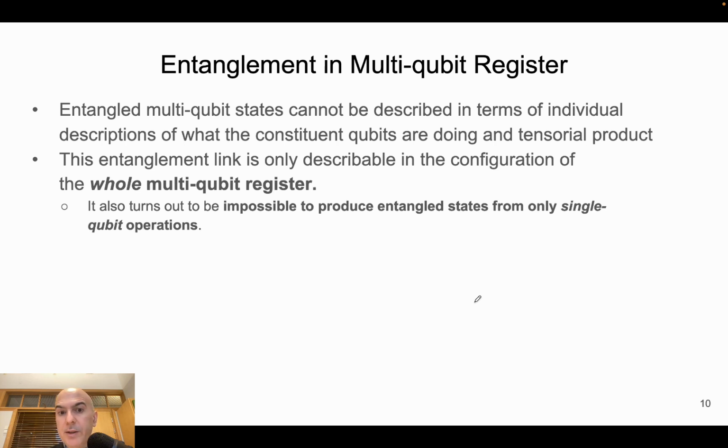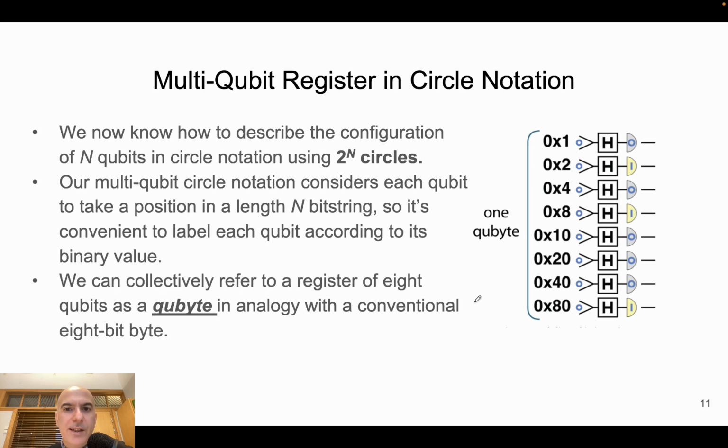The entanglement link is only describable in the configuration of the whole multi-qubit register, since we cannot use single qubits and then combine them. It turns out that it is impossible to produce entangled states from only single qubit operations, and we are going to see in the next few lectures some multi-qubit operations to act on a multi-qubit system and achieve entangled states.